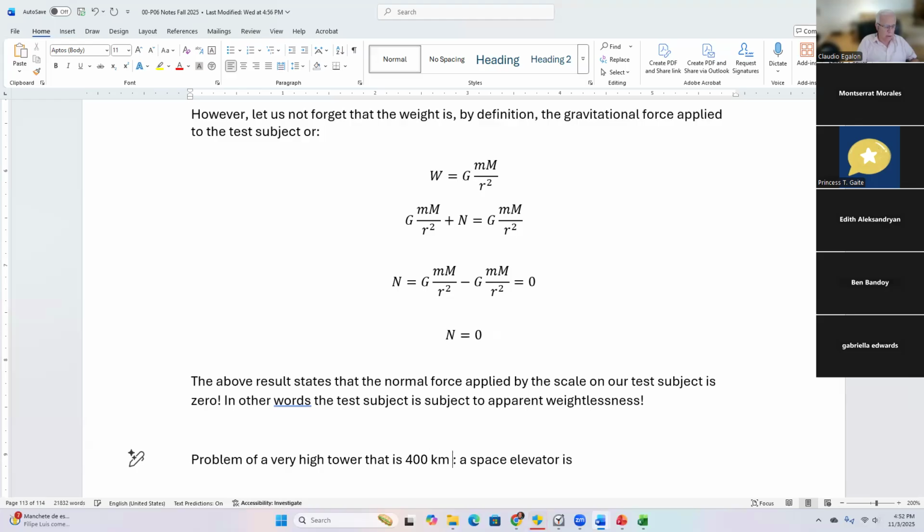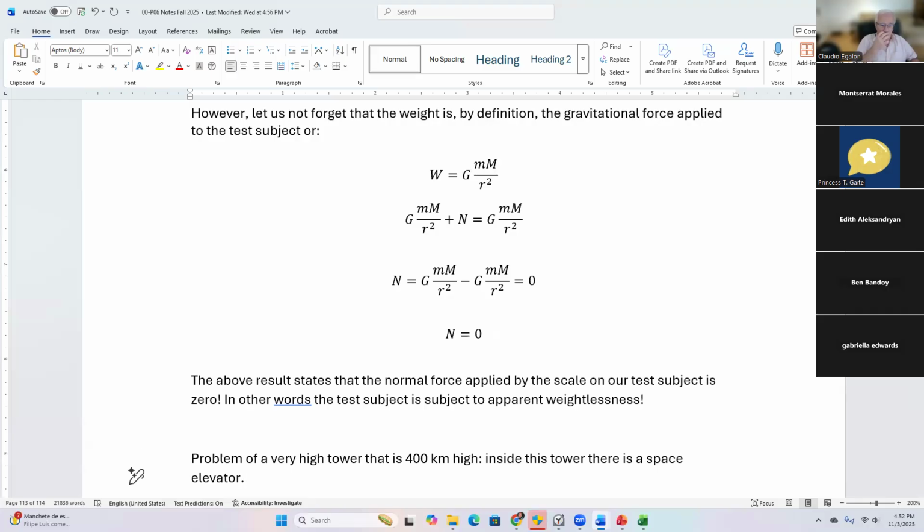Let's put 400 kilometers high. Have you thought about that? Inside this tower, there is a space elevator that can take human beings to orbit. Not exactly to orbit, but to the height of an orbit, right?